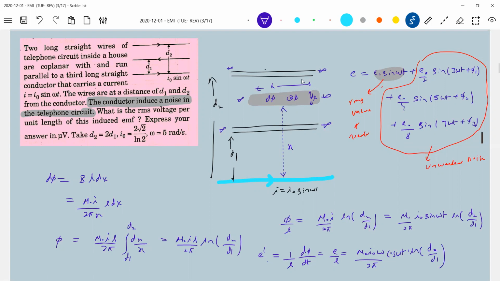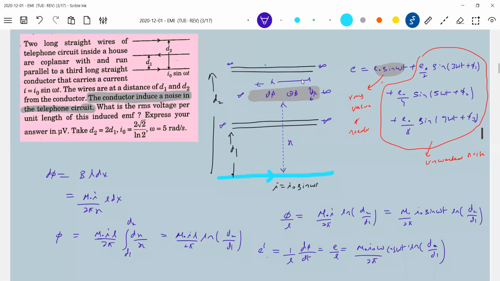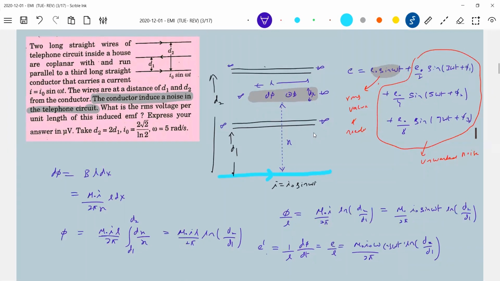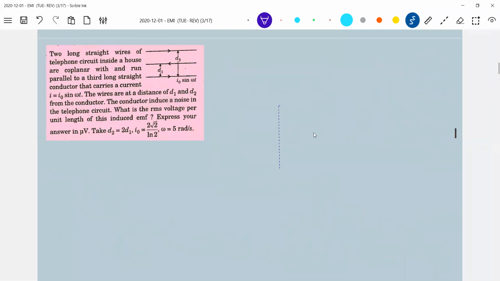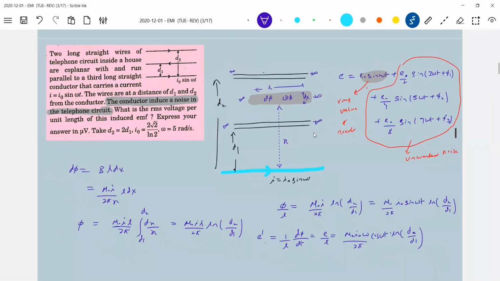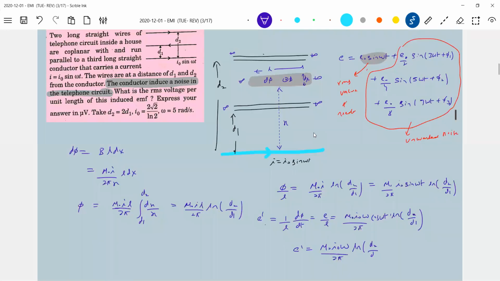Then the RMS value of this. I think we should first get the maximum value of this. So E dash equals mu naught I naught omega over 2 pi, log of d2 by d1, cos omega t. This is what you're going to call E naught.